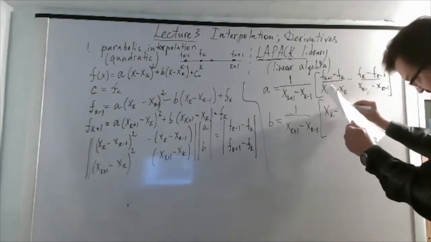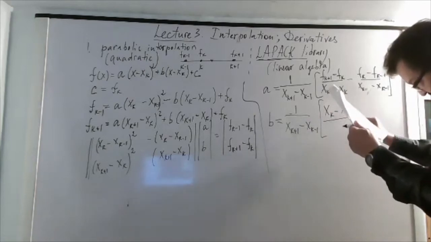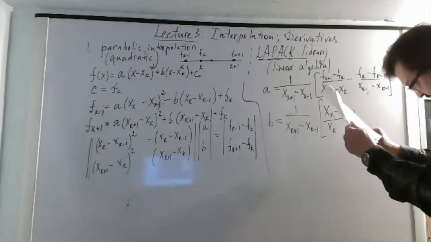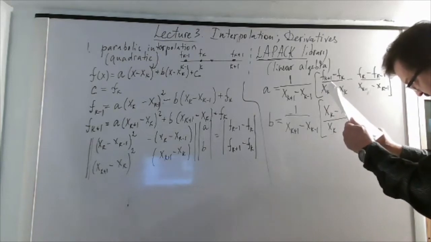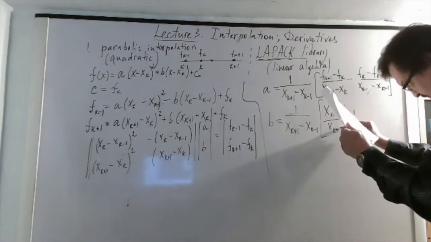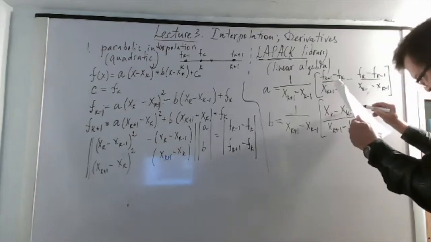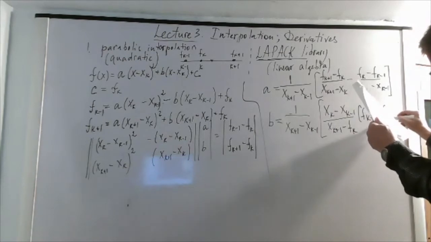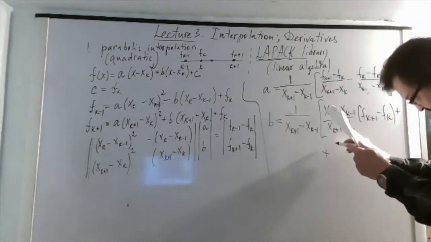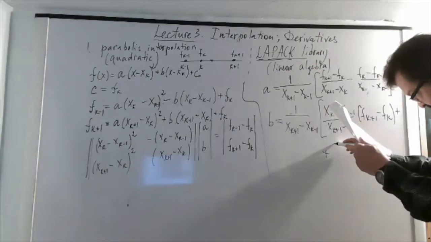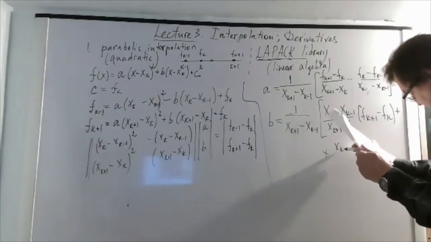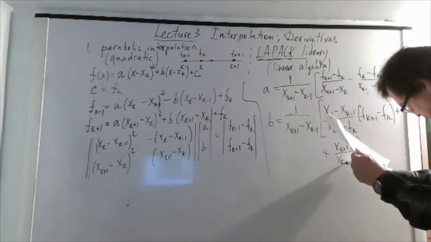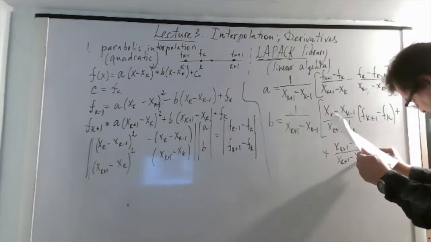Fk minus xk minus 1 divided by xk plus 1 minus fk times fk plus 1 minus fk and plus xk plus 1 minus xk divided by xk plus 1 minus xk minus 1.